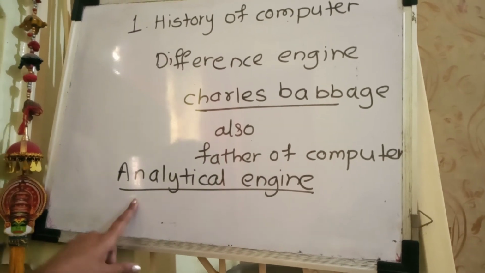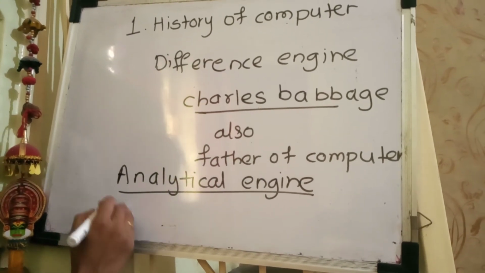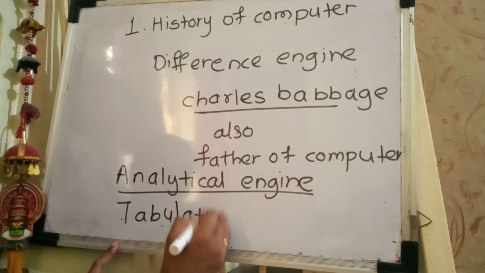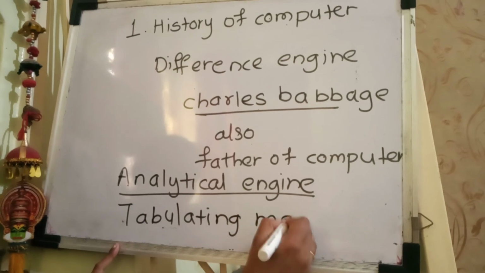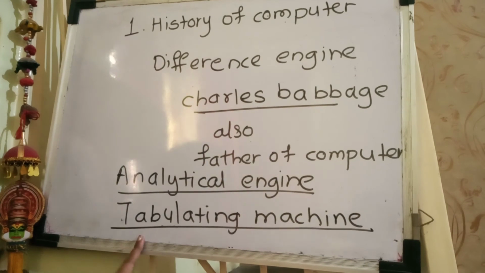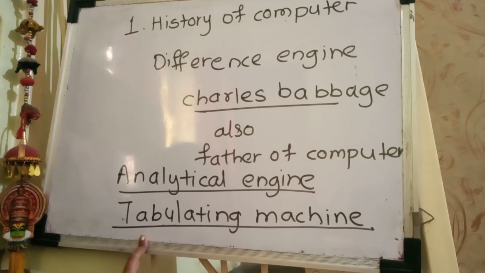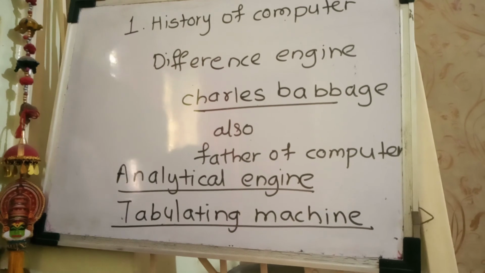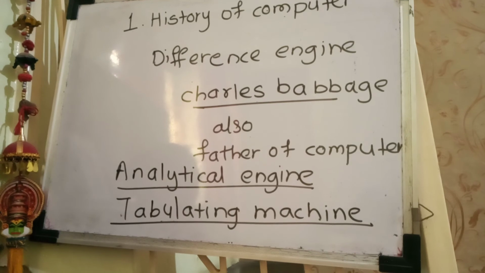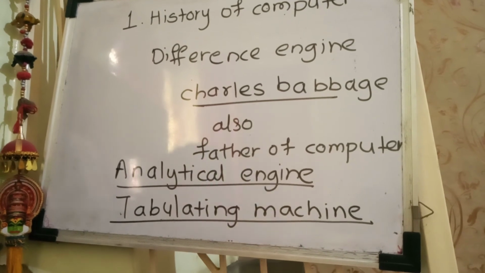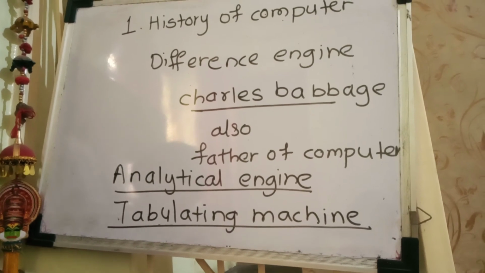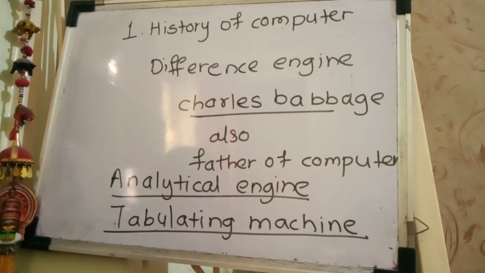Then after the analytical engine, the tabulating machine was invented. This machine was invented by Herman Hollerith. It was developed to process data for the 1890 United States Census. It was used for counting and recording the given information in less time.